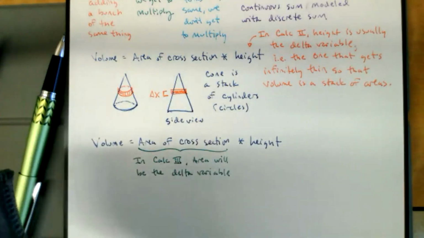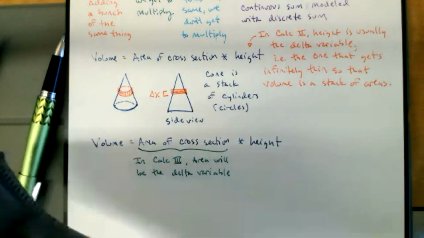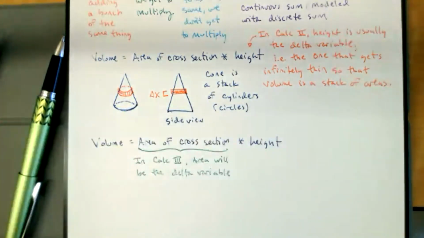In Calc 3, the area will be the delta variable. Since the area is two-dimensional, that'll have an x and a y.